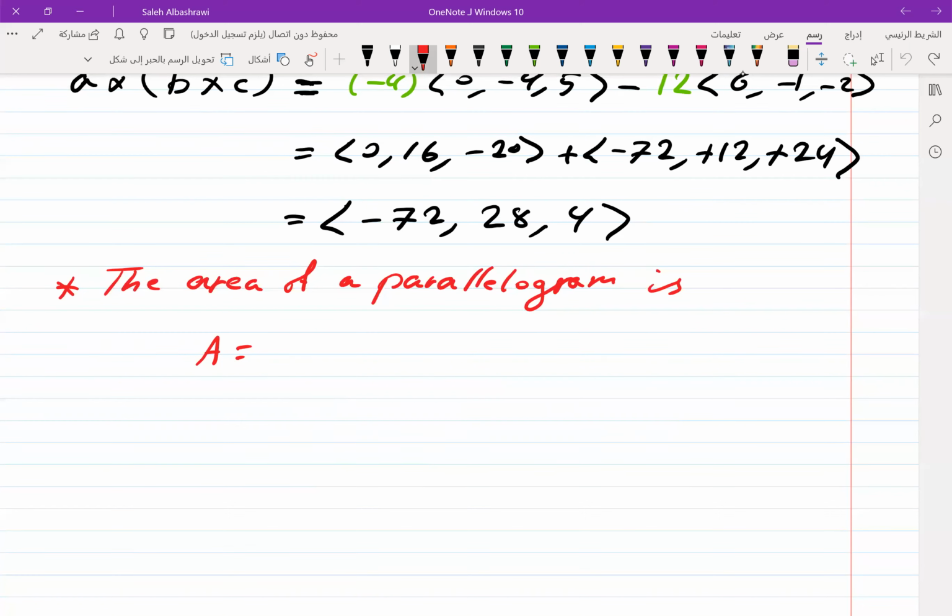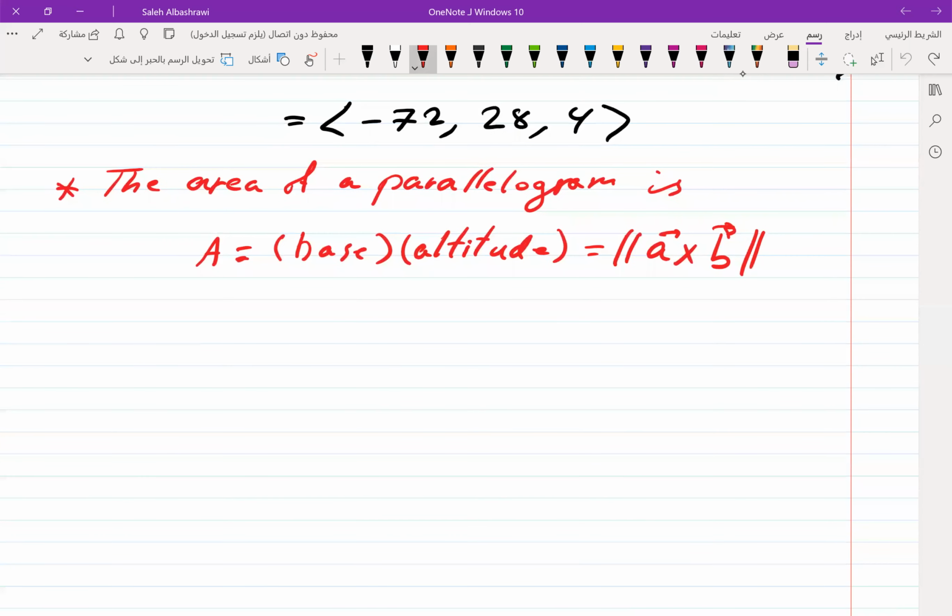With the parallelogram we know that the area is the base multiplied by the altitude, which is given by the product of two sides of the parallelogram.